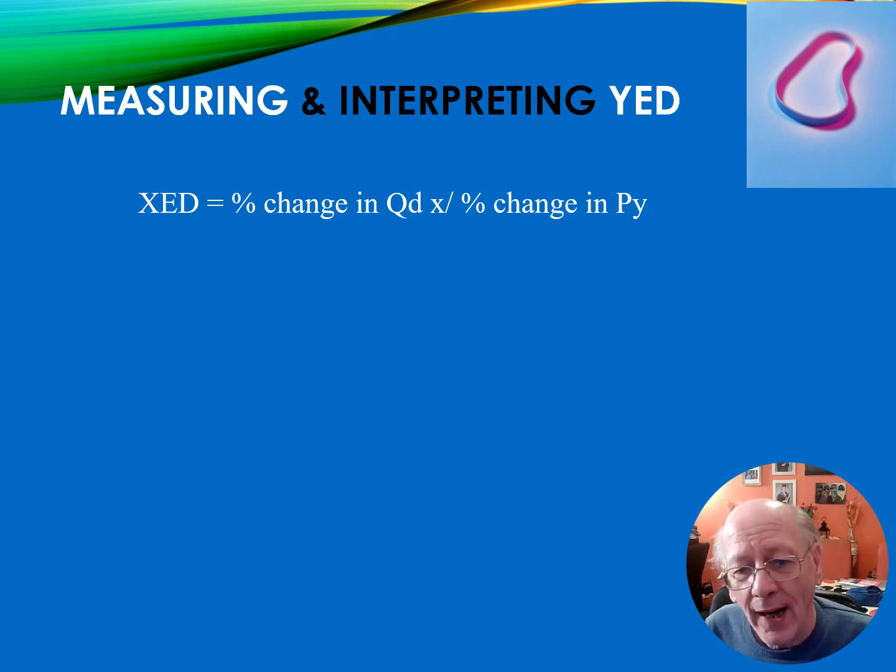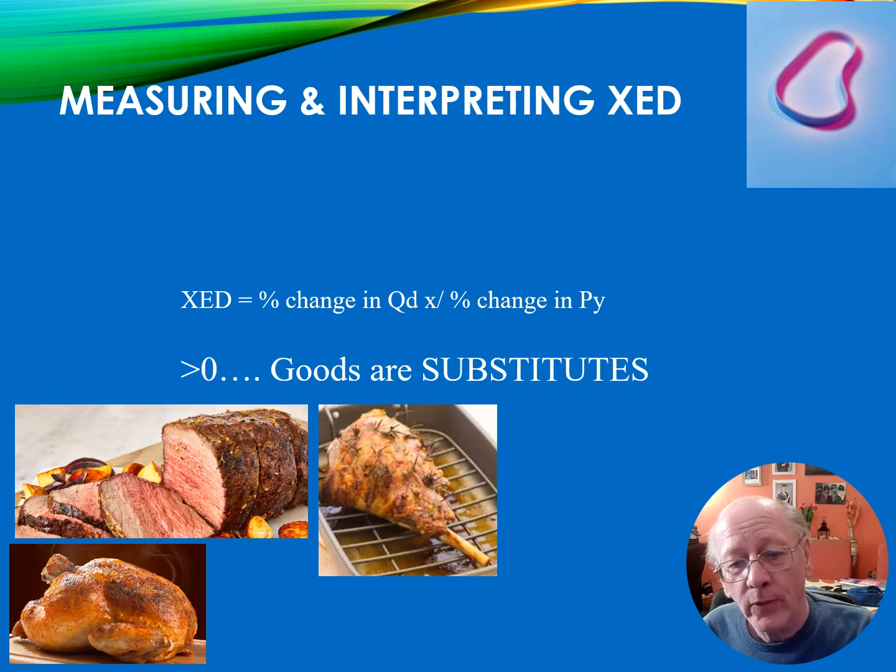So the formula is the percentage change in the quantity demanded of good X divided by the percentage change in price of good Y. So for example, the goods could be substitutes. My example here, I've got roast chicken, roast beef and roast lamb.